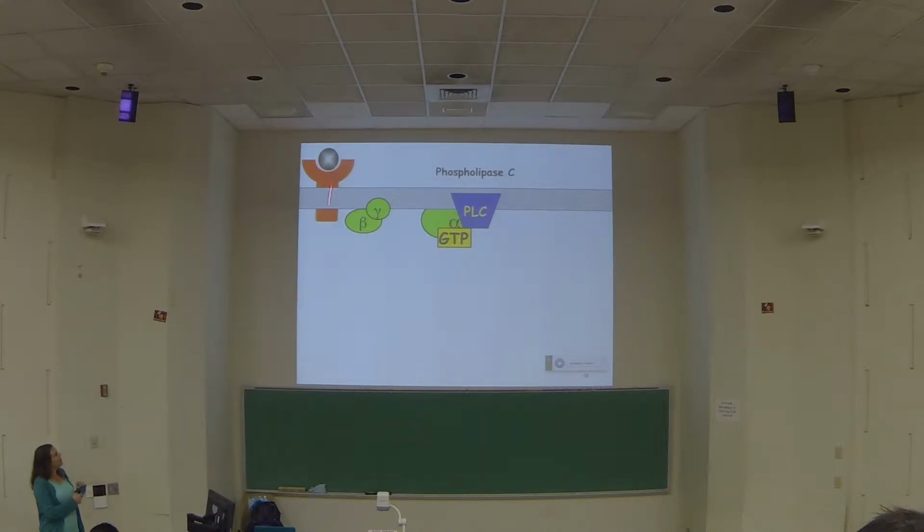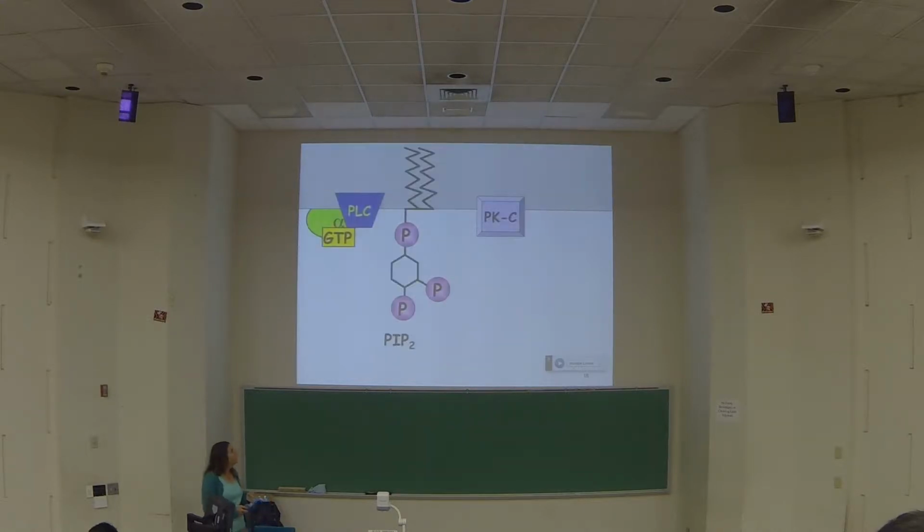Our GPCR spans the membrane. Our phospholipase C is embedded on the inside of that cellular membrane. That phospholipase C, when interacting with our alpha GTP, then becomes active.